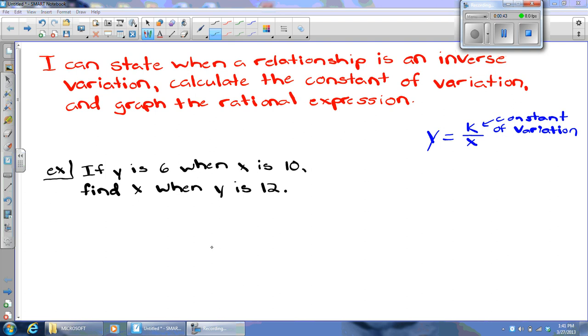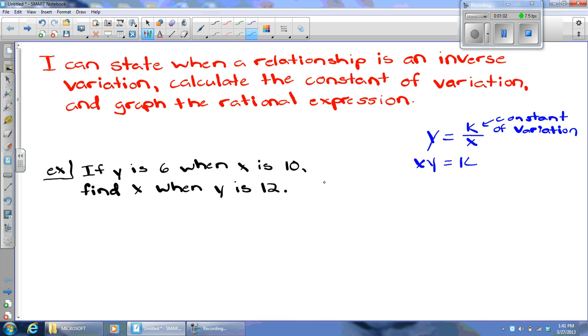An inverse variation is in the form of y equals k over x. You can also write it as xy equals k, where k is the constant of variation.